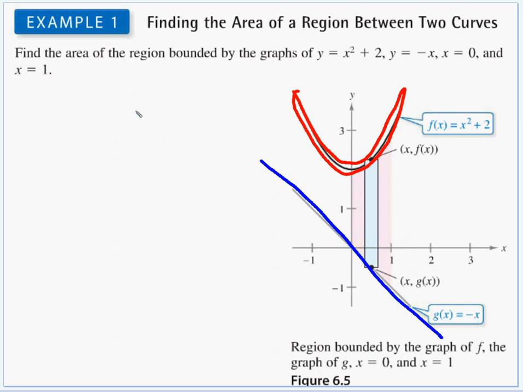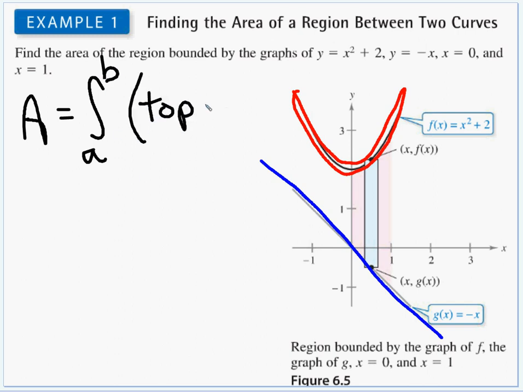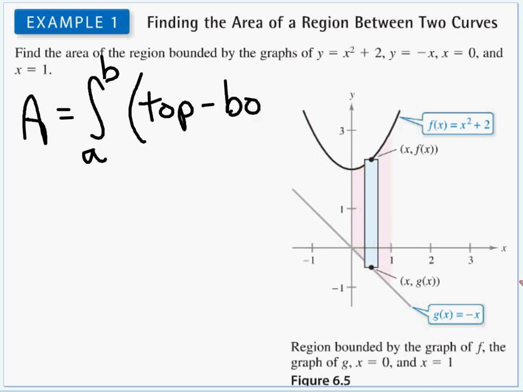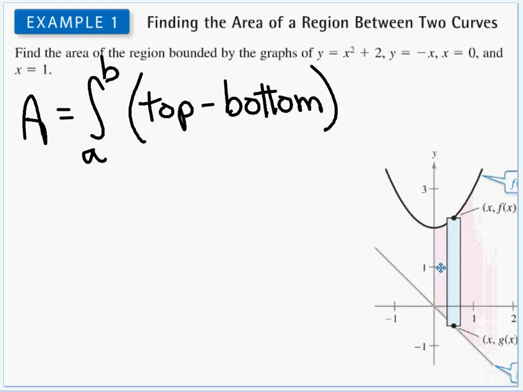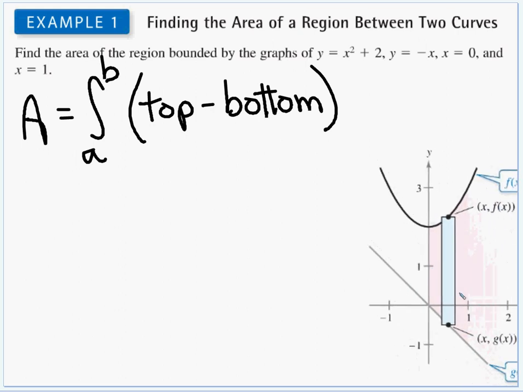So what we just learned is area is going to be an integral from a to b of the function that touches the top of our rectangle minus the function that touches the bottom. And let me get this out of the way here. Minus what touches the bottom. And in this case, since here I didn't drag it completely out of view, our representative rectangle is perpendicular to the x-axis.